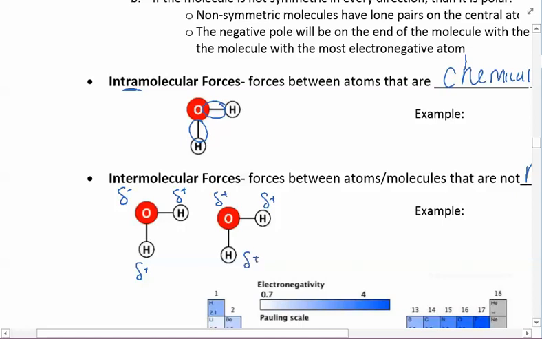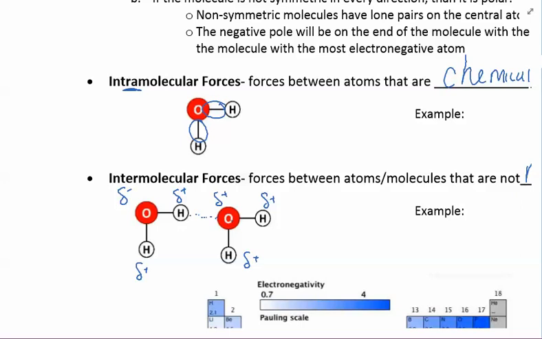So what's going to happen, and this is what we're going to talk about in just a moment, the hydrogen of one molecule is going to be attracted, dotted lines are not working so well here, to the other oxygen. So I just have two molecules here. Think of how many molecules you would have in a glass of water. There's going to be a lot of these interactions kind of making a network between all of the water molecules. And this is what we refer to as hydrogen bonding, which we'll discuss a bit later.